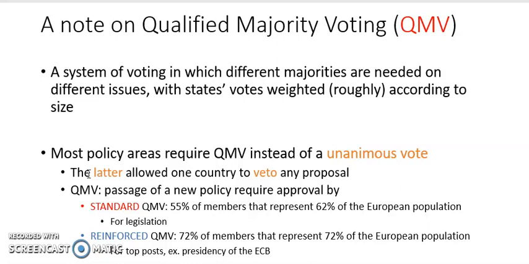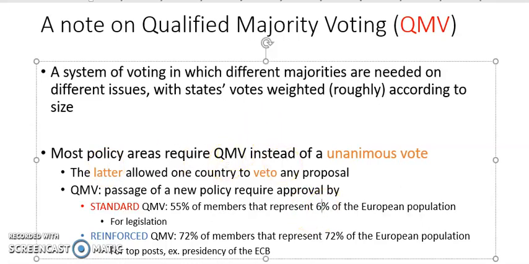Okay, that would require a vote coming from about 55% of the members, and those member states need to represent about 65% of the European population. Okay, I'll change that to 65.